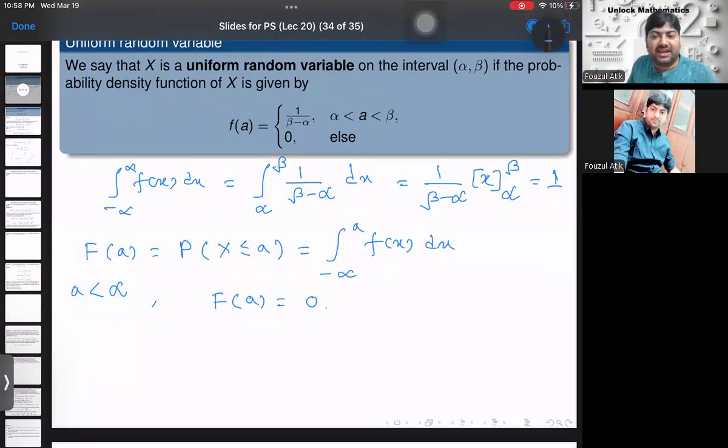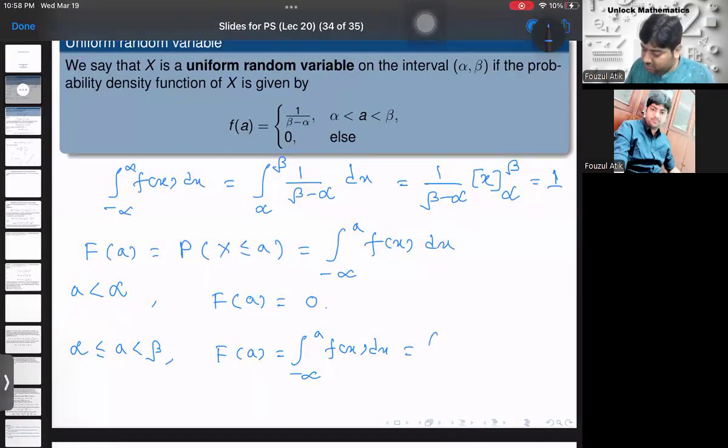Whenever the value of a lies from alpha onwards and up to beta, that is, alpha less than or equal to a and a less than beta, what is F(a)? F(a) is the integral from minus infinity to a of f(x) dx. But here it will start from alpha only, because f is nonzero only between alpha and beta.